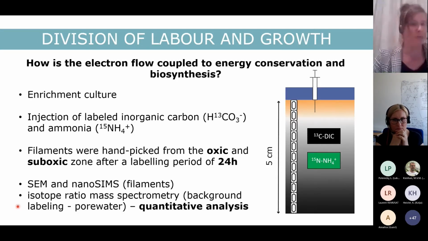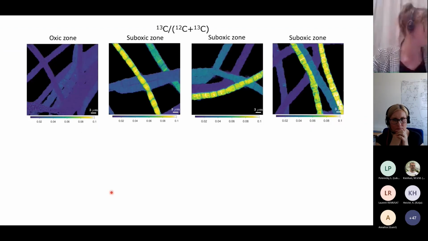So after we have prepared all the samples and measured them, we got these types of images. Here you see four NanoSIMS images showing the 13C atom fraction, so it's 13C over total C. The first image is from filaments that were retrieved from the oxic zone, and the right three images were from sediments retrieved from the suboxic zone.